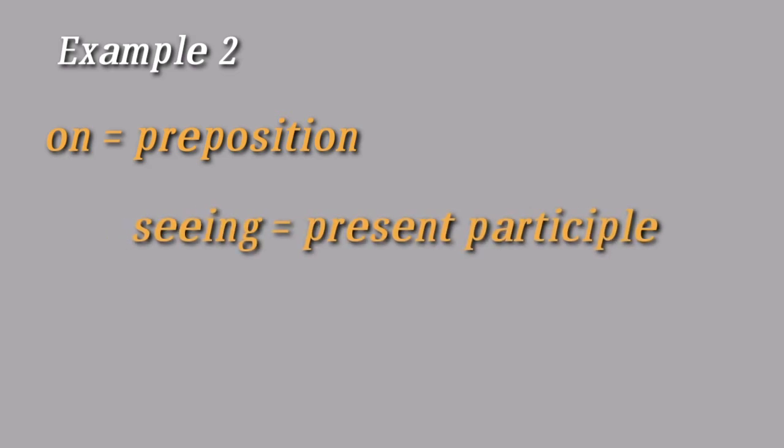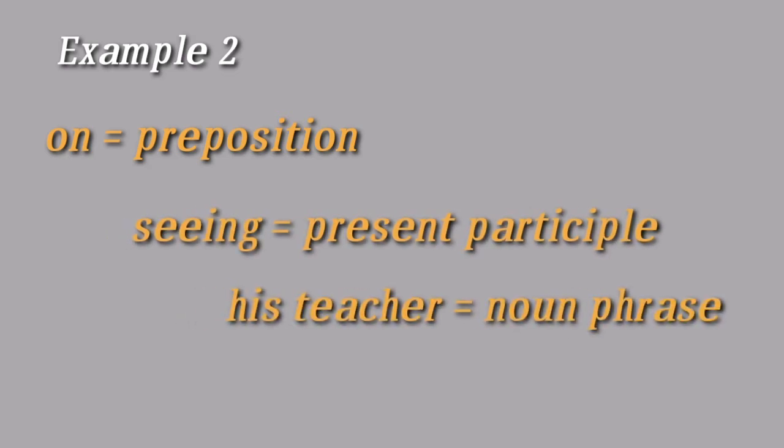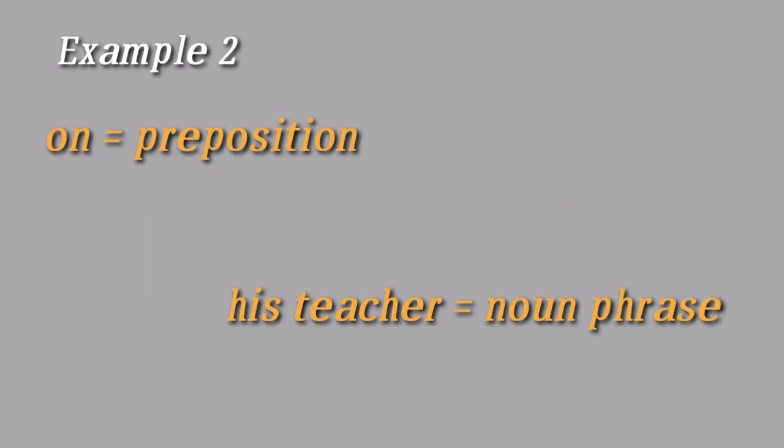For example, in the first part, on is the preposition, seeing is a present participle, his teacher is the noun phrase, object of the verb seeing. So there is no subject or a finite verb. So the first part is a phrase.